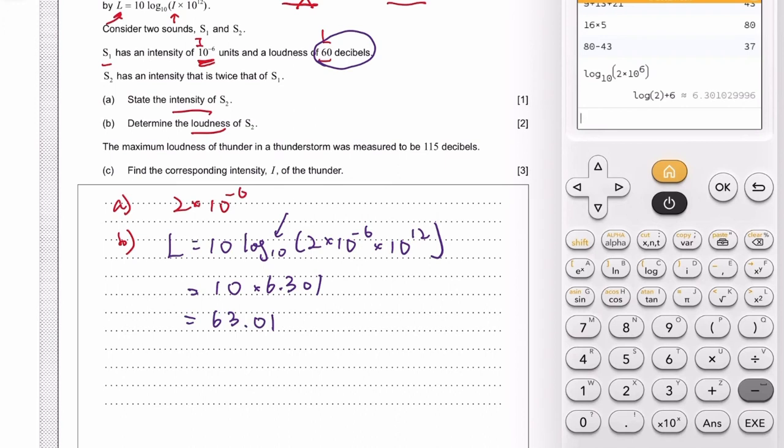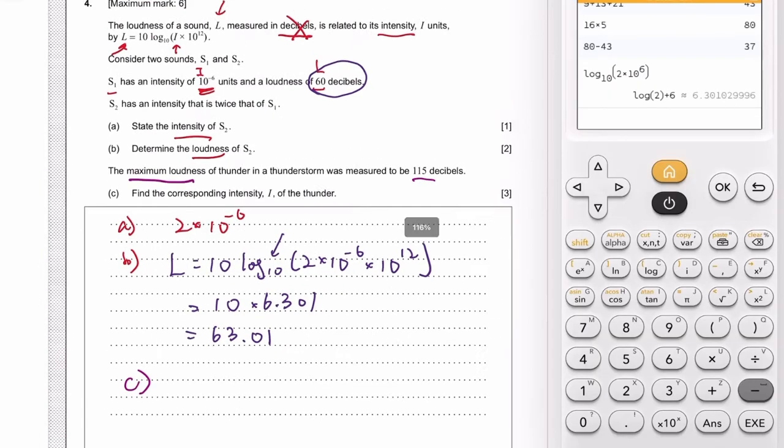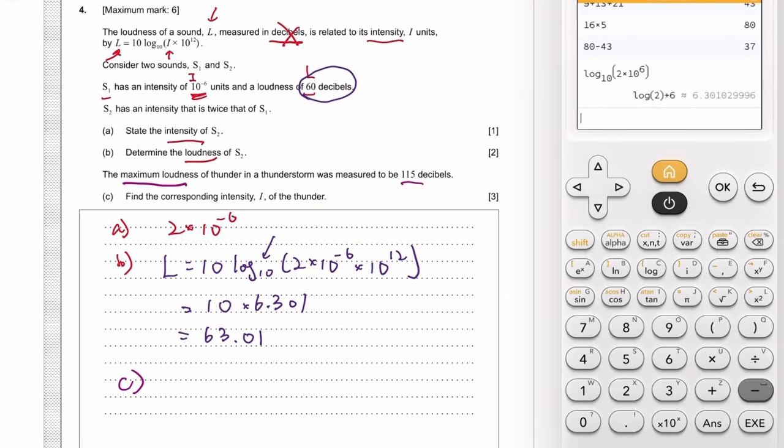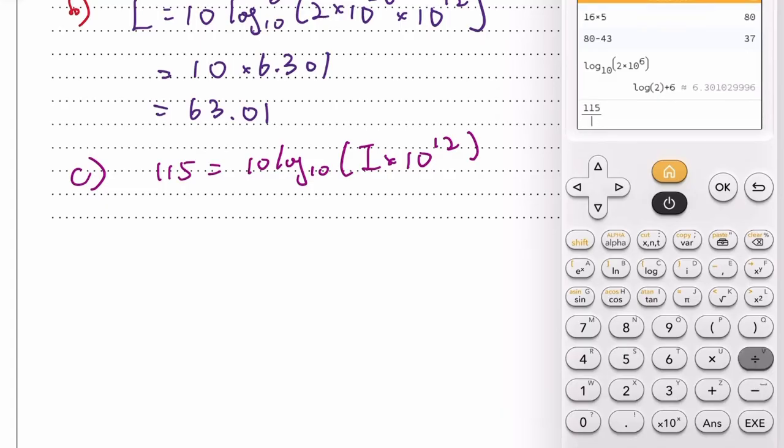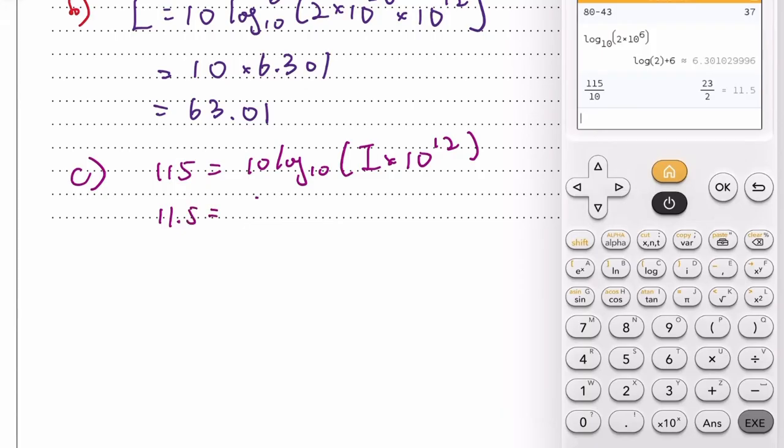The maximum loudness of thunder is 115. Find the corresponding intensity. So this one, you will simply sub in 115 into the formula. So it's 115 = 10 log. So if you want, you could just graph this or solve this or something.